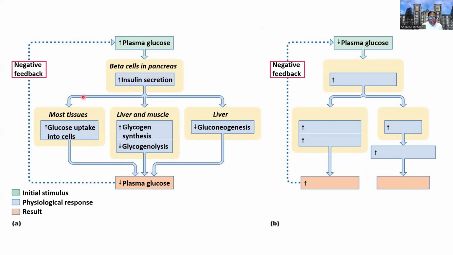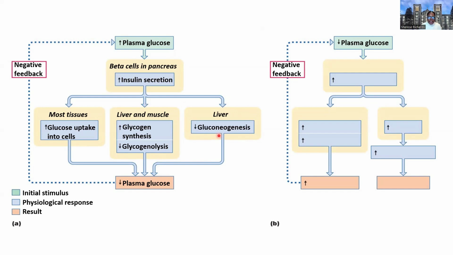Now, after that, insulin is going to stimulate most of your tissues to uptake glucose. And then it's going to stimulate your liver and muscle to store that away as glycogen, meanwhile blocking the breakdown of glycogen or glycogenolysis. In your liver, it's going to block gluconeogenesis, again, preventing any new sources of glucose to be made.